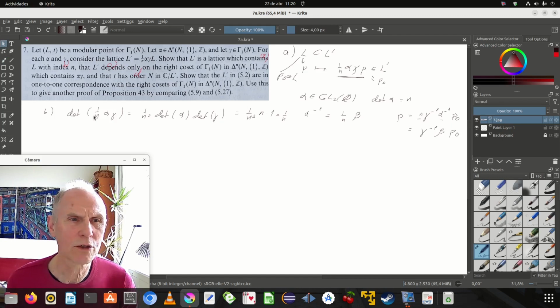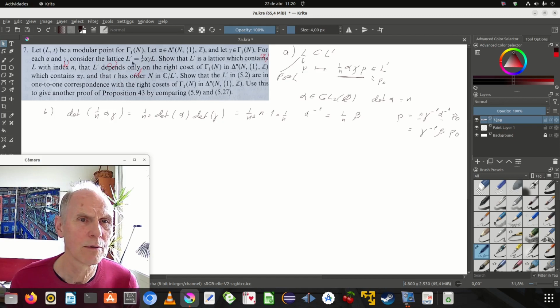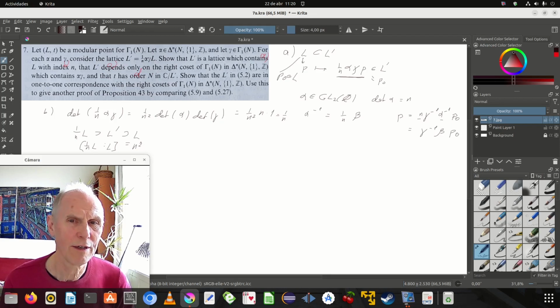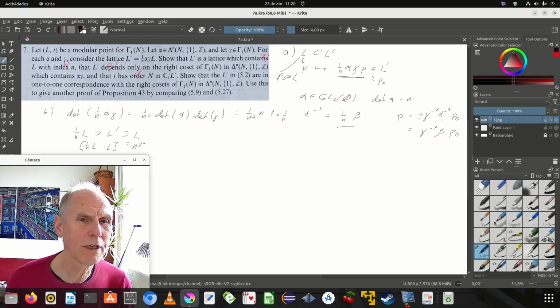Using, of course, that they are sublattices, so we have a sequence of lattices, and the index here is n squared, and the other index is n. Yeah, that's B.